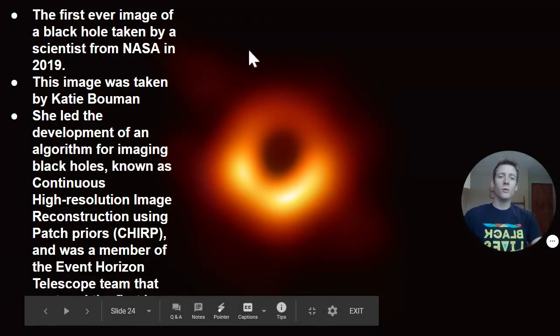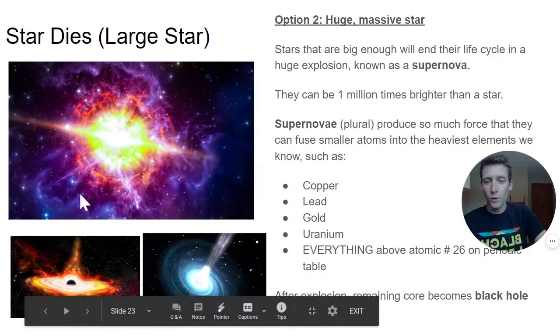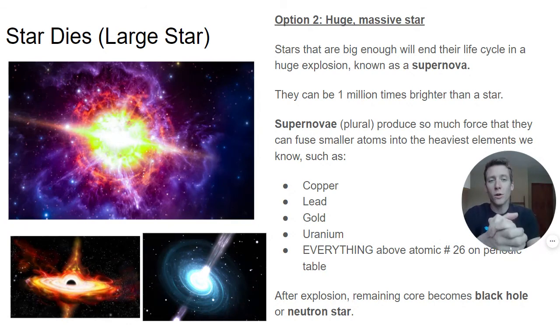All right, so we have always struggled to see what a black hole really looks like, because of the force of gravity in that black hole, which is left over from the core of a supernova star. When that star explodes, it leaves behind its core, which collapses on itself and becomes a black hole.